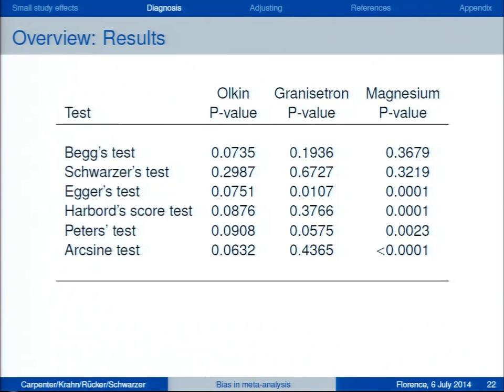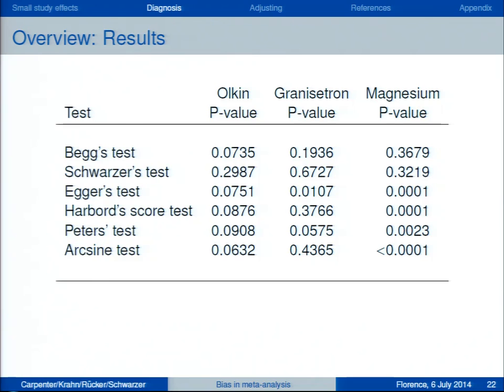The second example, Granisetron, the results are very different. Most tests see no bias here, but the Egger test has a very significant p-value here, but this may be due to the problem with binary data the Egger test has. So I would say this is a false positive result, and also for the Peters test.